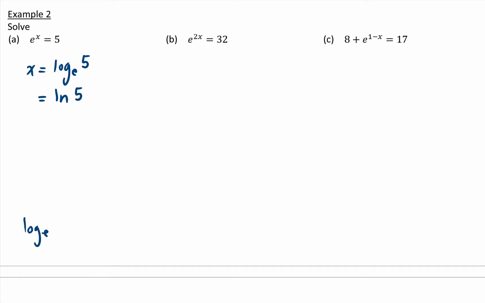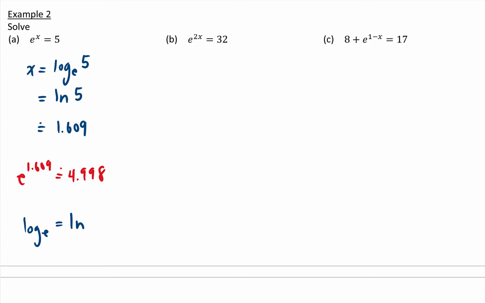So log base e is the same thing as ln. If you type in the natural logarithm and the number 5, you should get approximately 1.609. If you want to check that this is correct, I can take e to the exponent of 1.609, and you see you get approximately 4.998, which is close to 5.